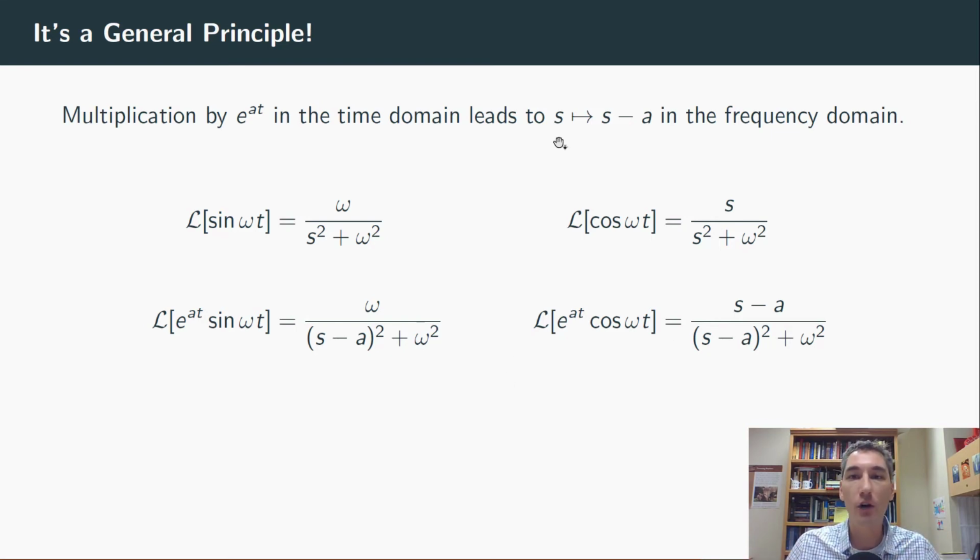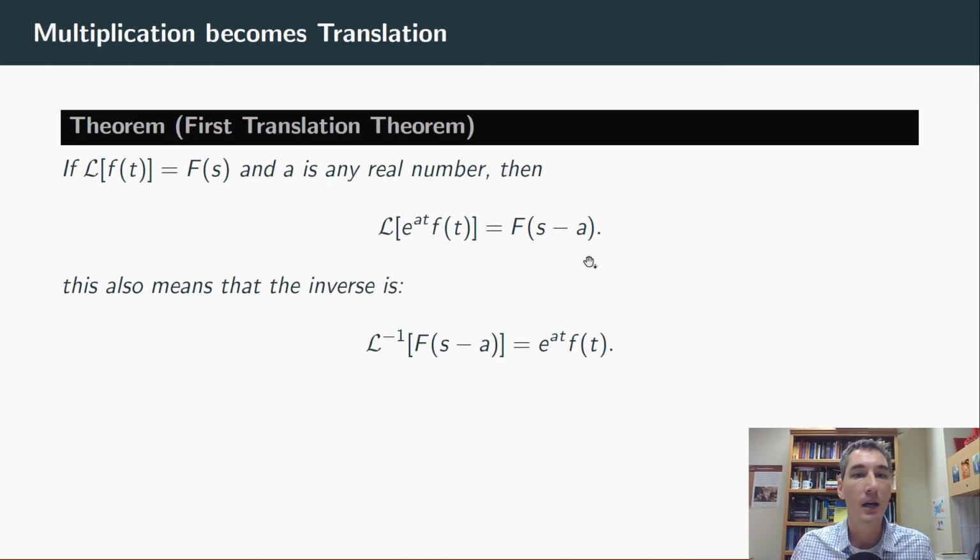So it's a general principle: multiplication by e to the at in the time domain leads to a shift from s to s minus a in the frequency domain. You can write that more technically using Laplace language.